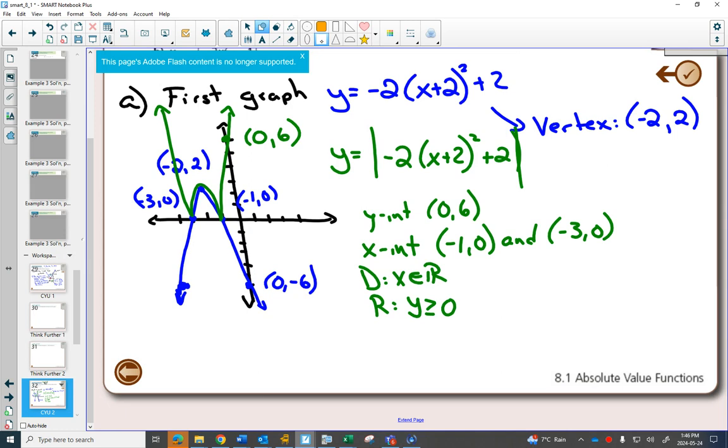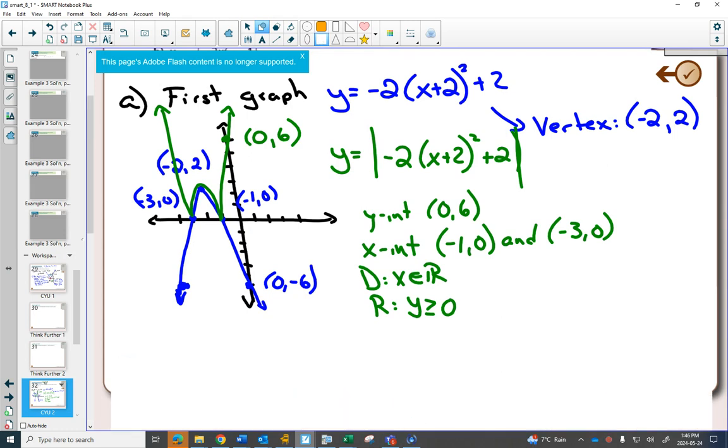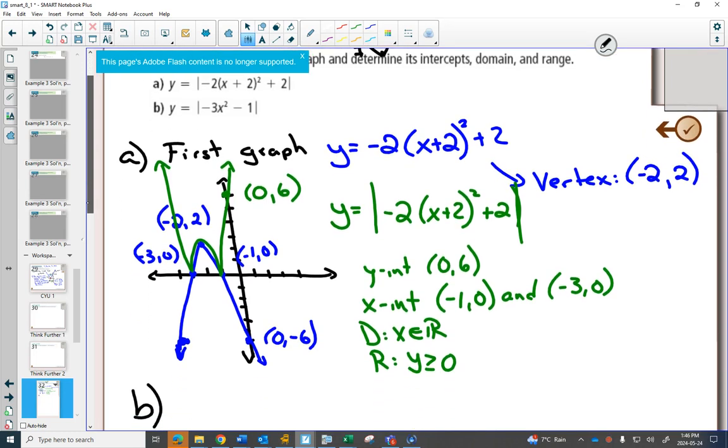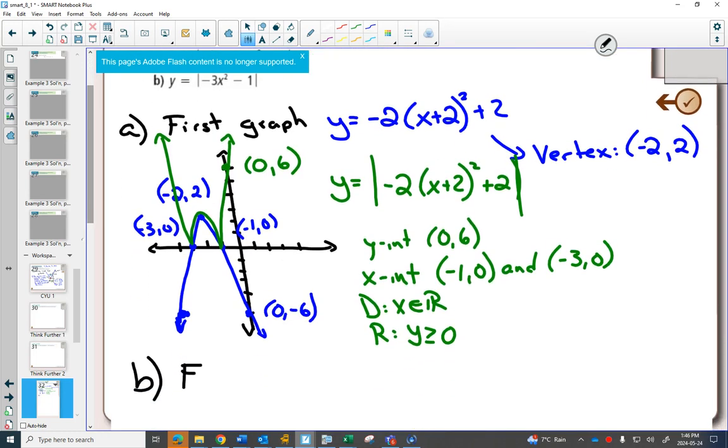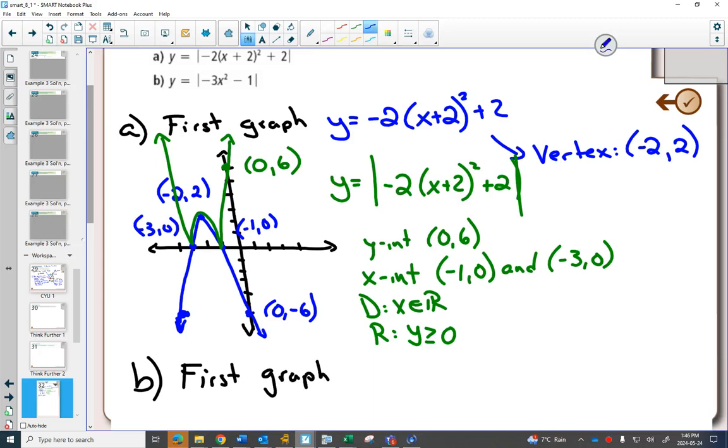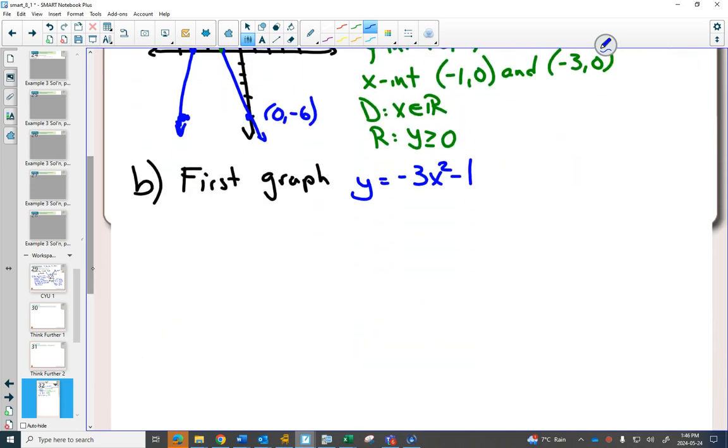So let's look at part B. Part B, we would first graph, I'll do it in blue again, y equals negative 3x squared minus 1. So again, can you see that it's in vertex form?